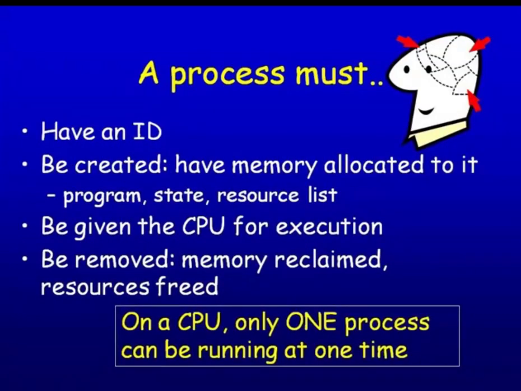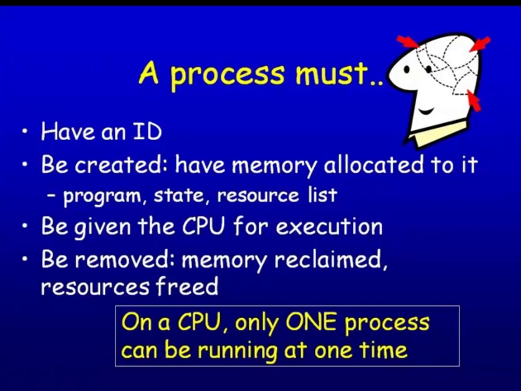So what does a process have to know? A process is essentially a data structure that maintains the ID of every process. When it's created, it must have operating system support to allocate memory to the program so it can keep track of its data, its state.